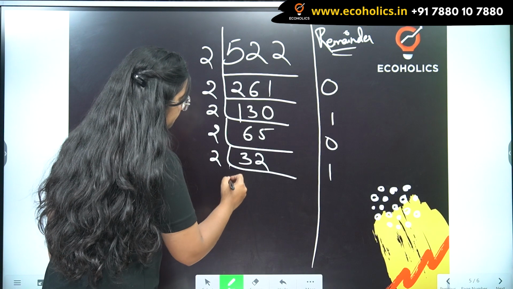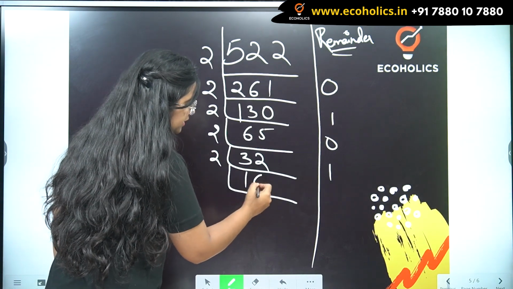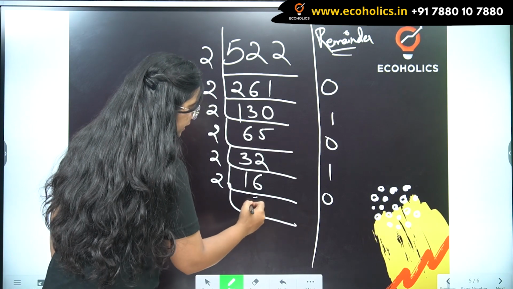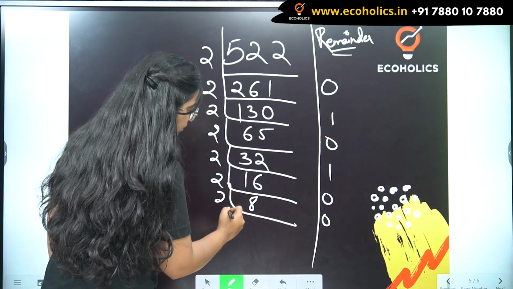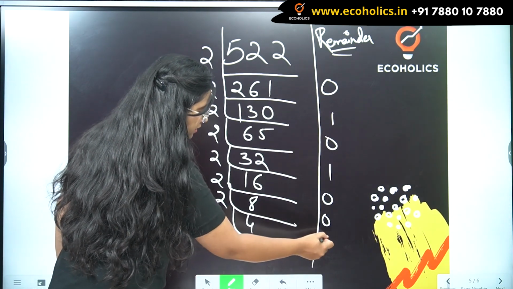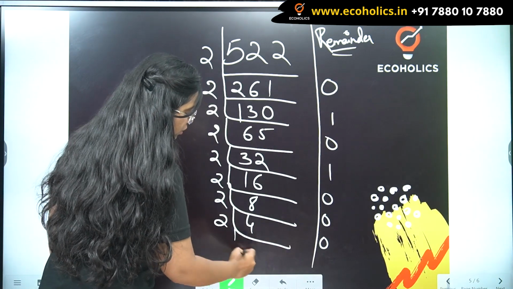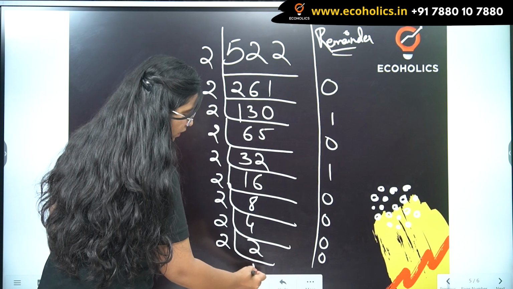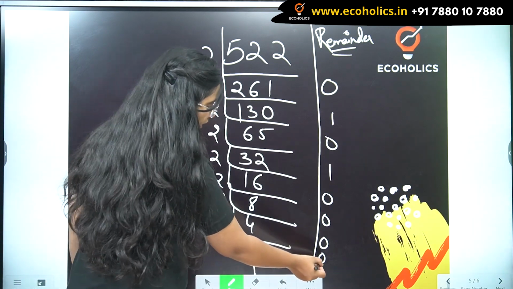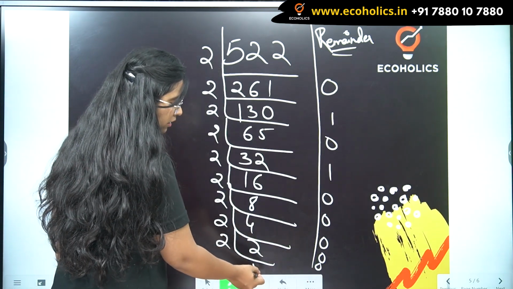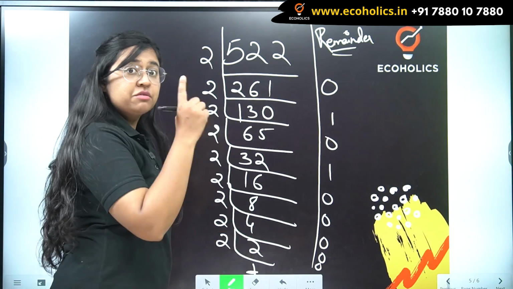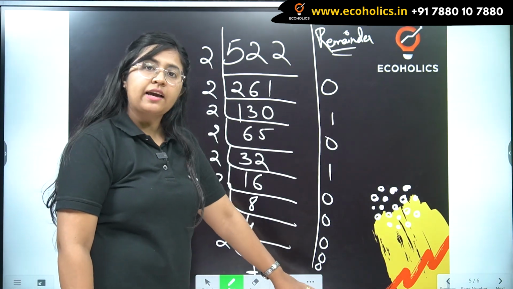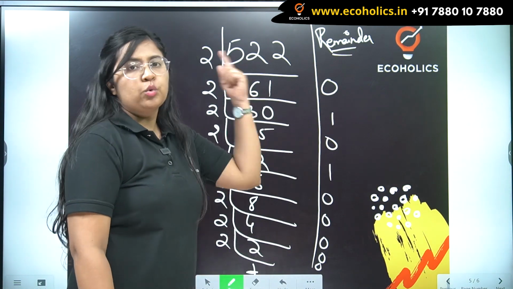Then 2 1s are 2, 2 6s are 12, so 0, 2 8s are 16, again 0, 2 4s are 8, again 0, 2 2s are 4, again 0, 2 1s are 2, again 0, and here you have the last 1. Now you start calculating from bottom to upwards.